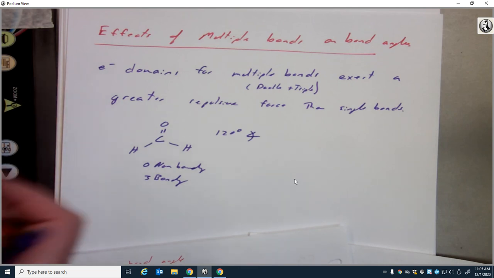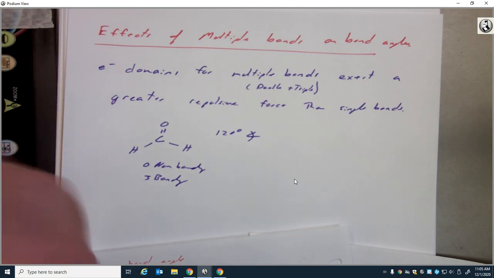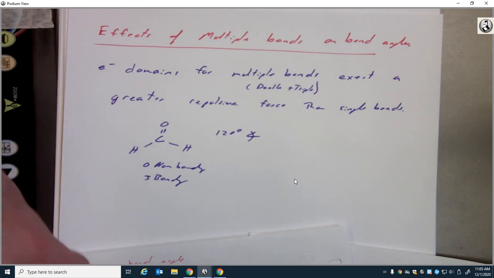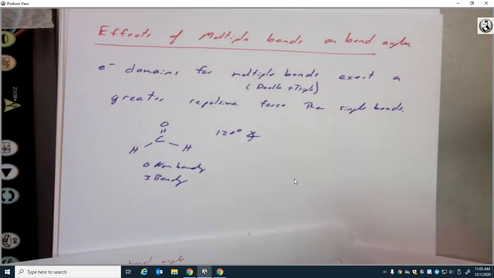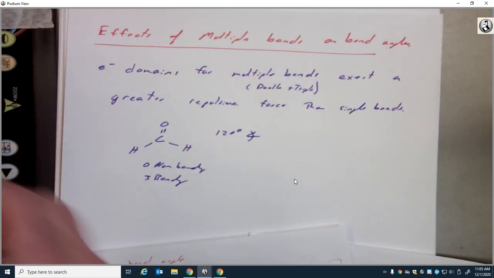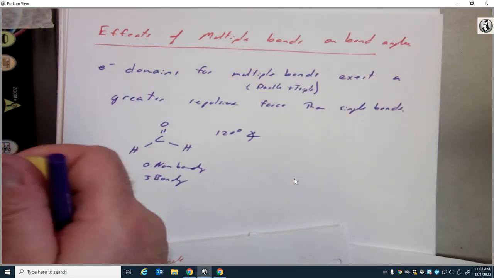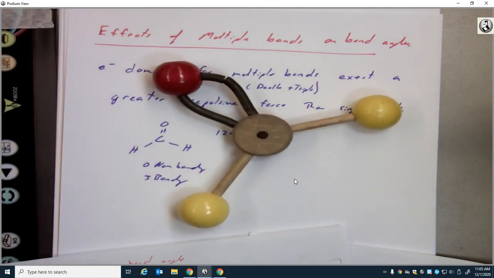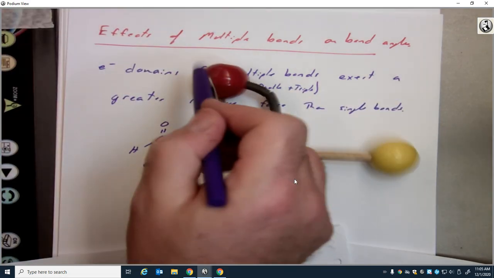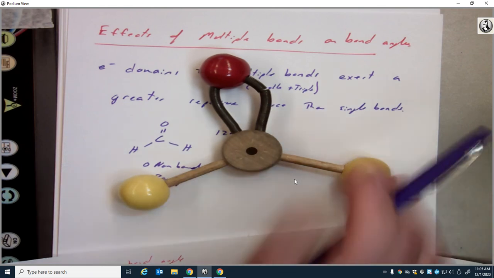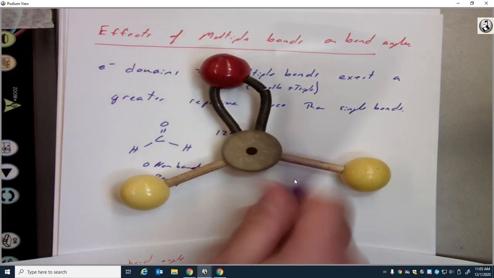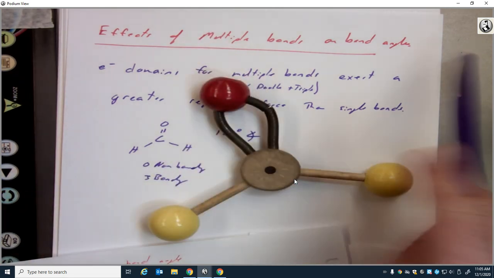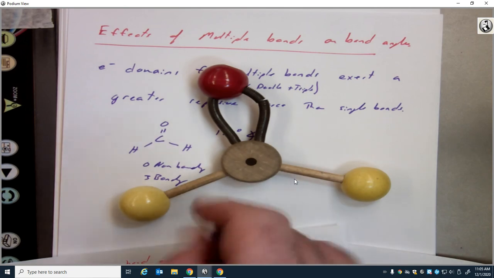Let me build it for you. Here it is. Here's my carbon, my double bonded oxygen, my 2 hydrogens. All right, in a normal trigonal planar, all of these angles would be 120 degrees.